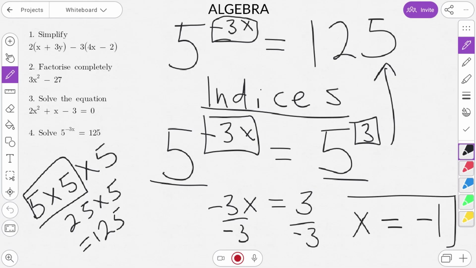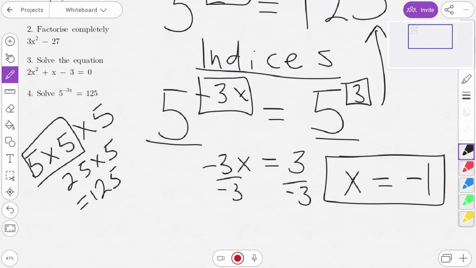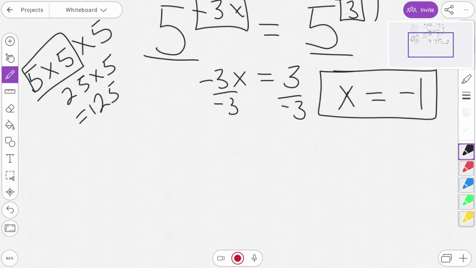Hang on, I'll prove this also. So let's scroll a bit. Okay, so 5 raised to an exponent of negative 3x is equal to what?